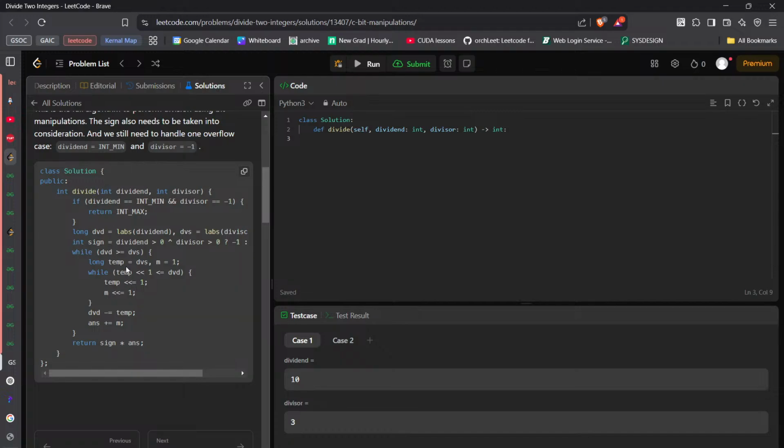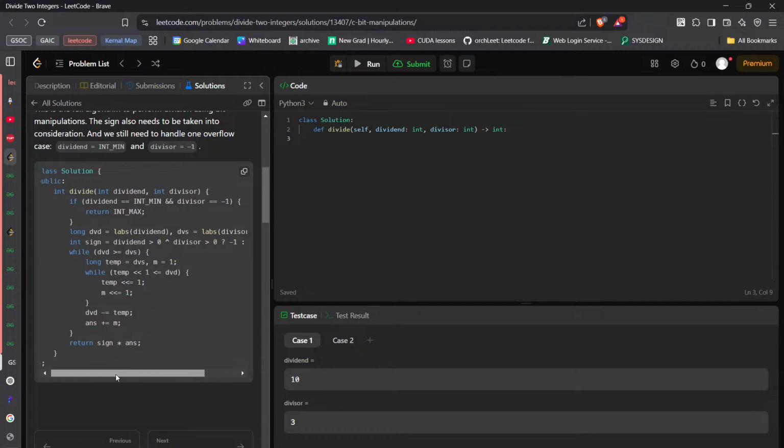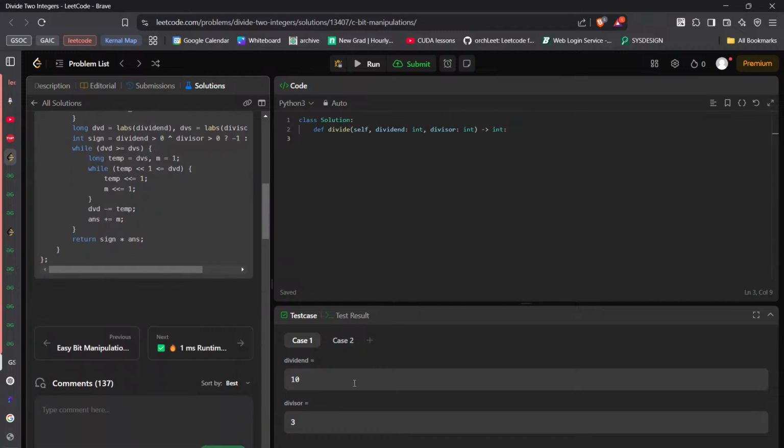Dividend isn't main. My thinking power is over, guys.